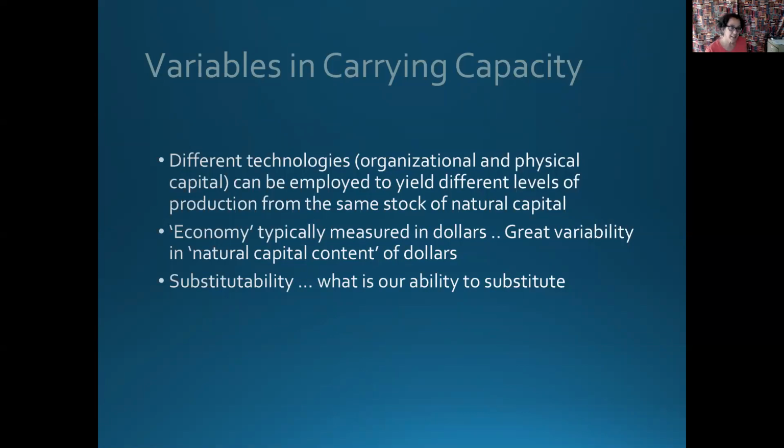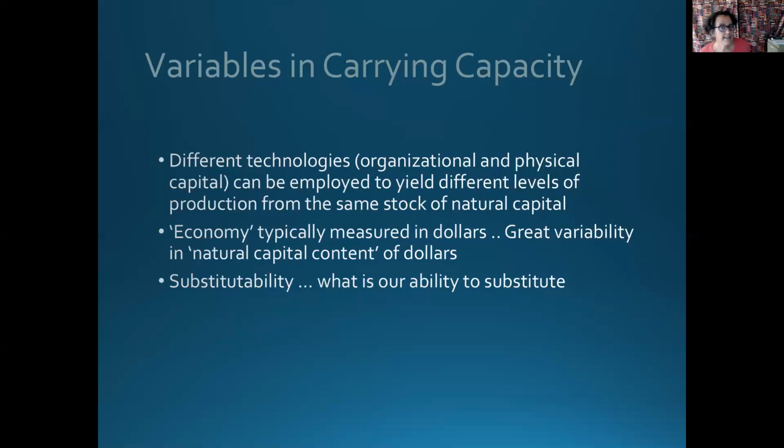Different technologies and cultures can be employed to yield different levels of production from the same stock of natural capital. And our economy is typically measured in dollars, and there's great variability in the natural capital content of different dollars.